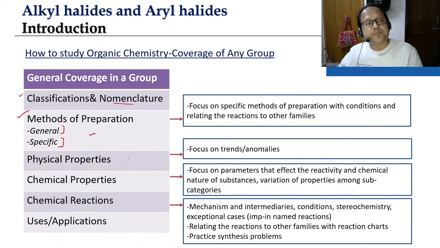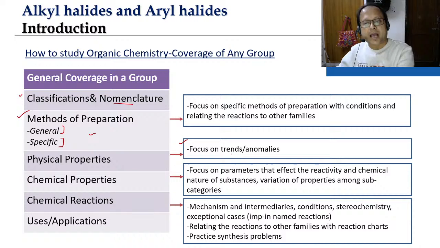Then in physical properties, it is very important to focus on the anomalies. Most classes of compounds have quite similar physical properties. The trends will be quite similar, right? So if you start learning the trends, what is a pattern, like the periodic classification of elements in the periodic table, the trends that you learn there by various groups have similar trends.